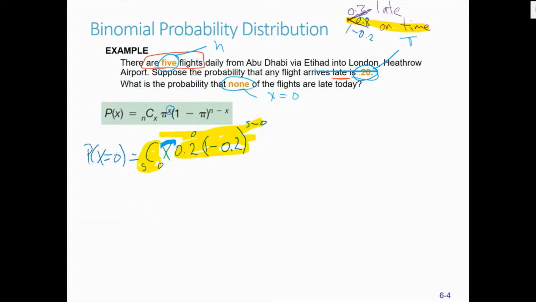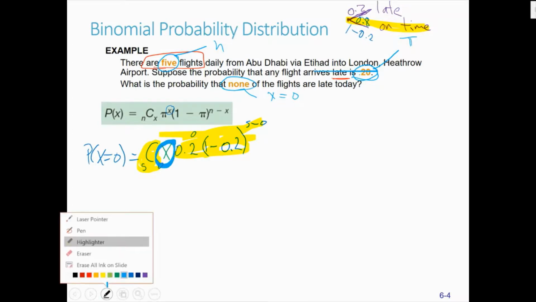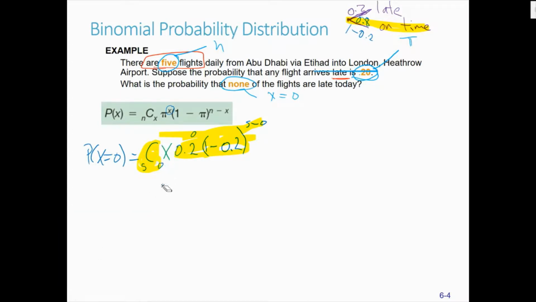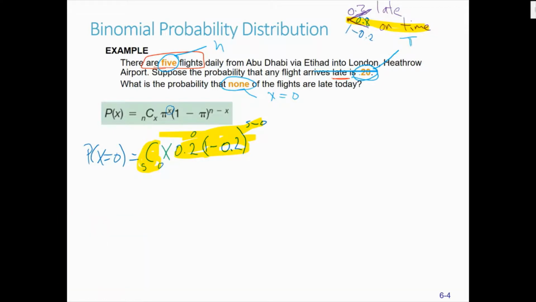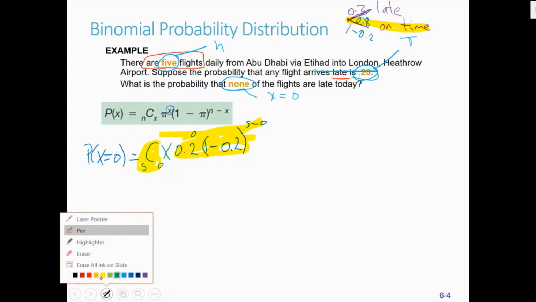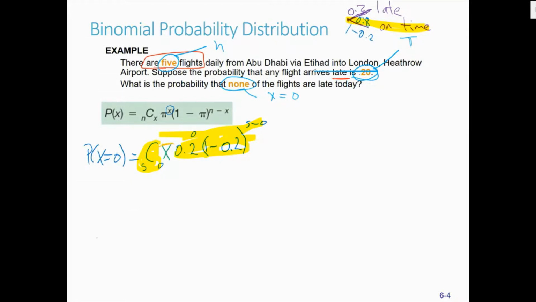This right here. You need to put multiplication, otherwise your calculator will either give you an error or it will not give you the right answer. It will give you the wrong number. So make sure that you have that piece. This right here.